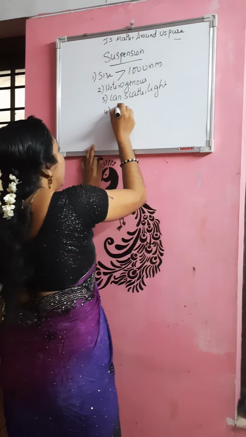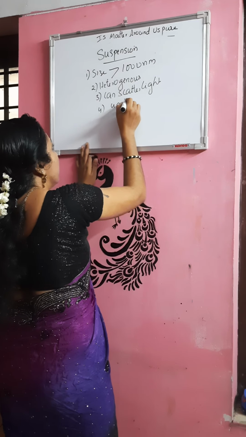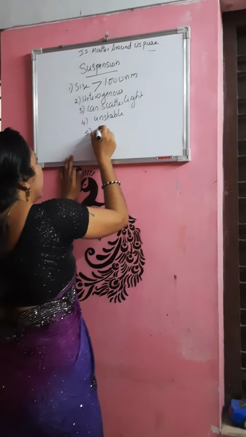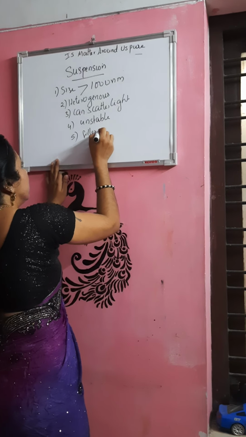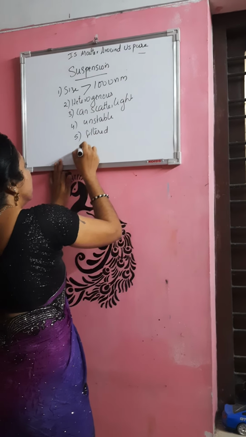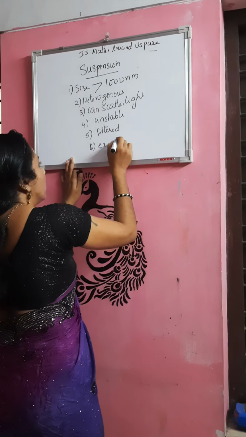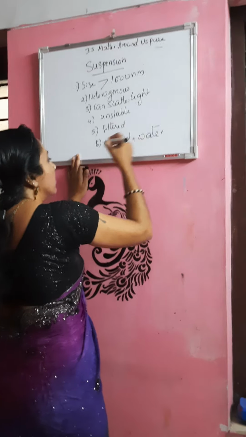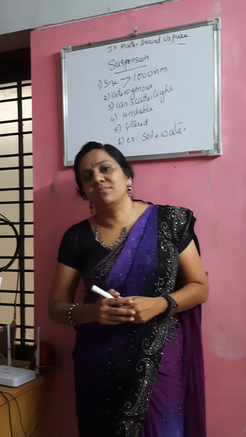Fourth one, they are highly unstable. And the fifth one is they can be filtered. Examples are chalk in water or soil in water, the soil-water mixture or the chalk-water mixture. They are all examples of suspension.